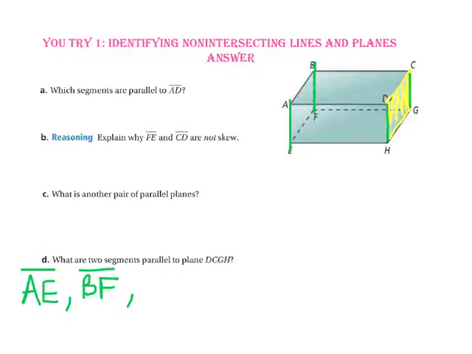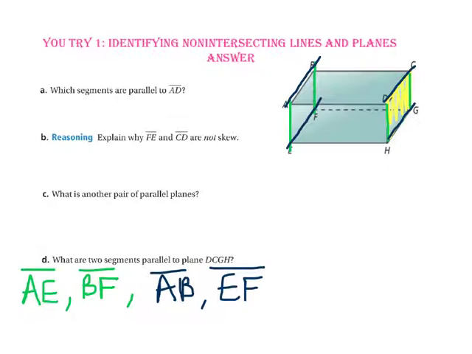And now let's look at segments that would be parallel to the top and the bottom of plane DCGH. So here I could have segment AB or segment EF. All four of those segments are coplanar to plane CGHD, and they do not intersect.